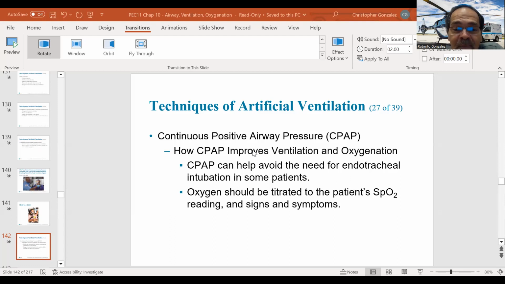How can you tell somebody is hypoperfused, that they don't have enough fluid in their system? You could do the skin pinch test. Yeah, it's called the tent test. You can see if their eyes are sunken.